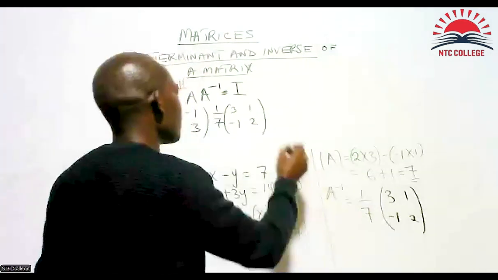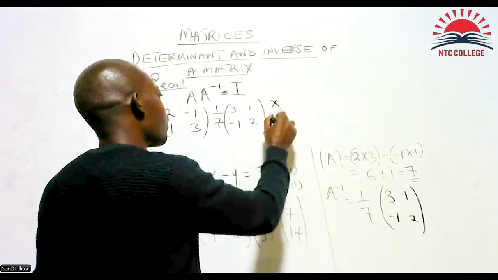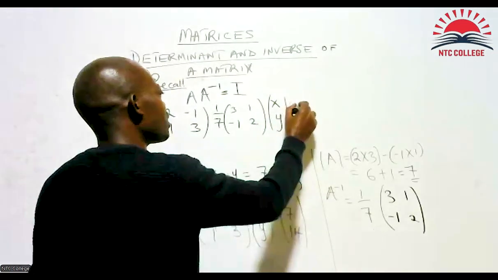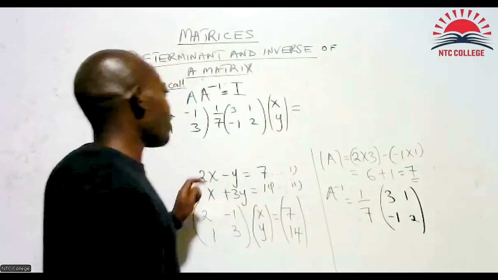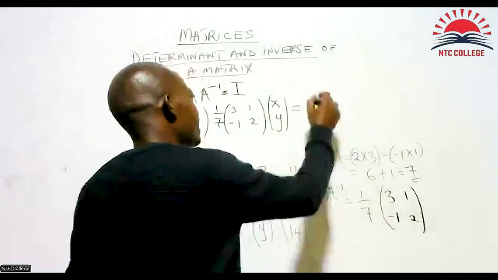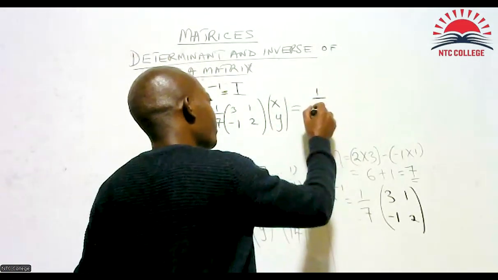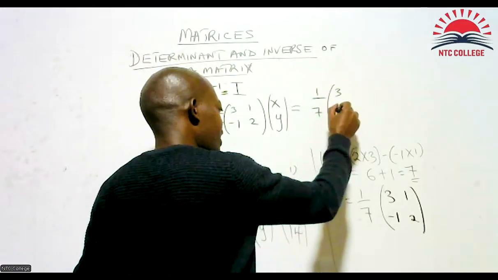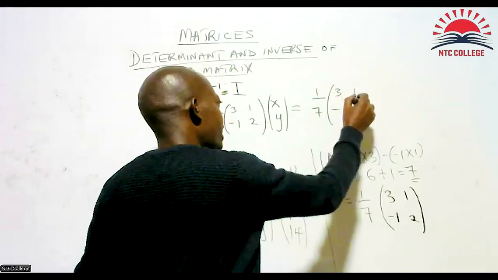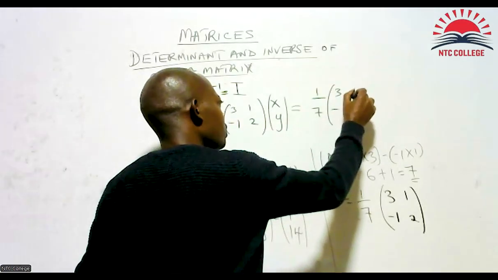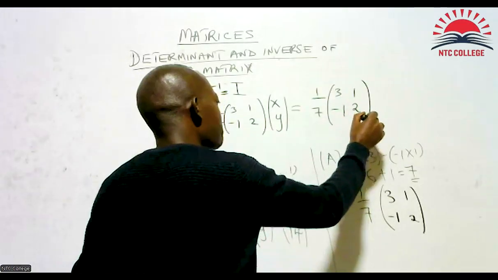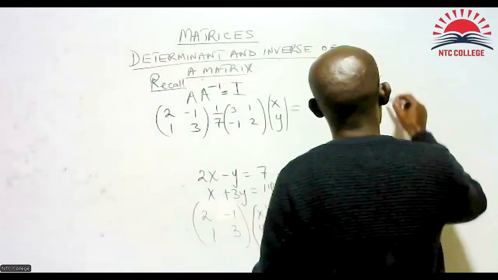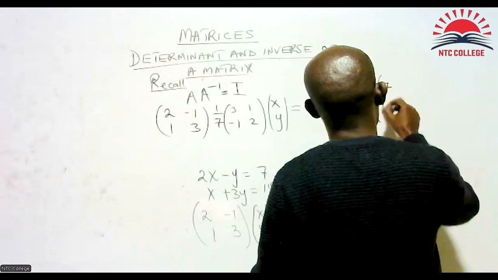multiplied by the column vector x, y, like that, equate it to the inverse still, 1 over 7 into 3, negative 1, 1, 2, multiply with the column vector 7, 14.